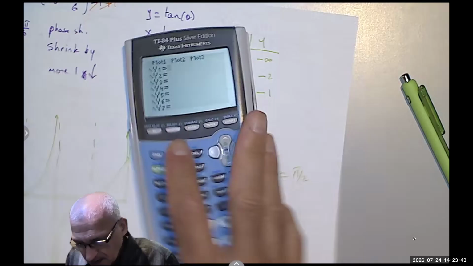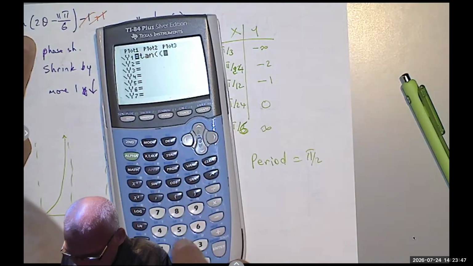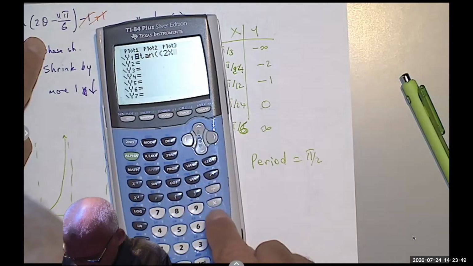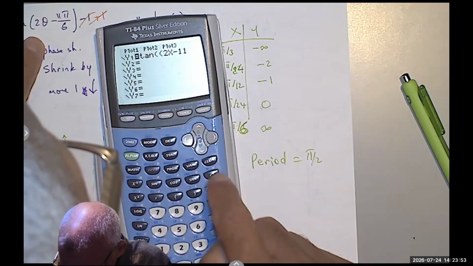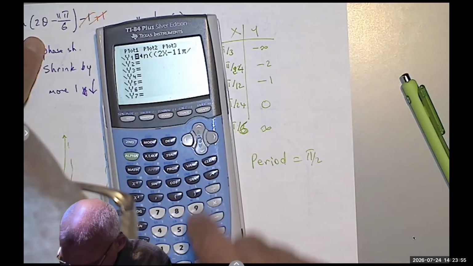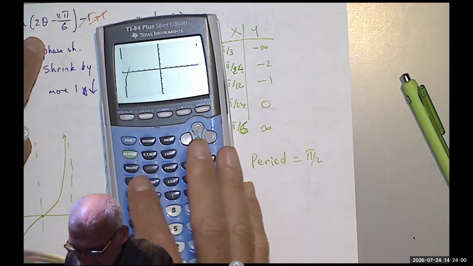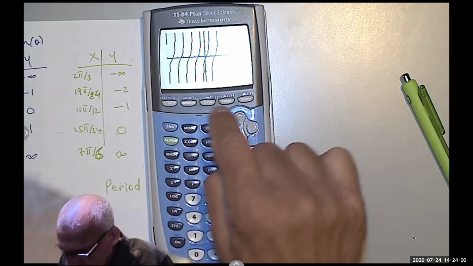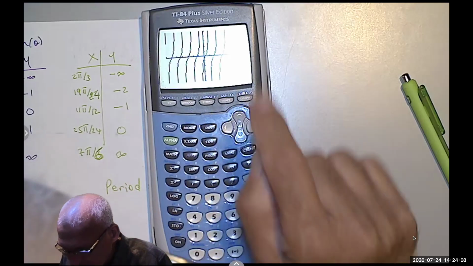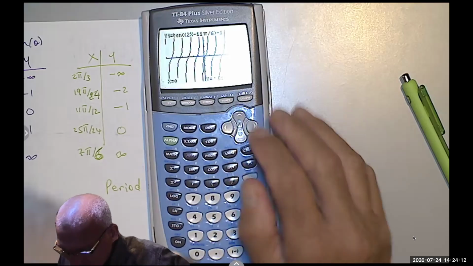And then say tan of 2x minus 11 pi over 6 minus 1. Now let's go to, okay, let's trace. Okay, it doesn't want to stop because probably I gave, okay.